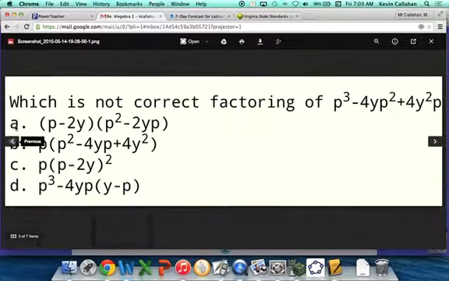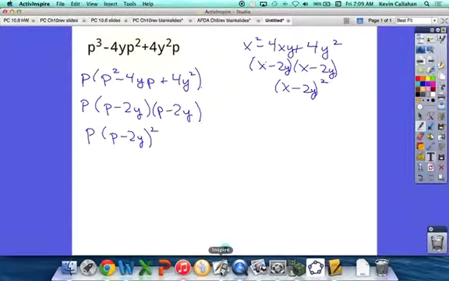And you could see letter A is what you would get if you multiplied the p that we already factored out times one of the p minus 2y's. If, like in this step right here, to make it look exactly like they did, I'm going to say this p, I'm going to multiply times that.